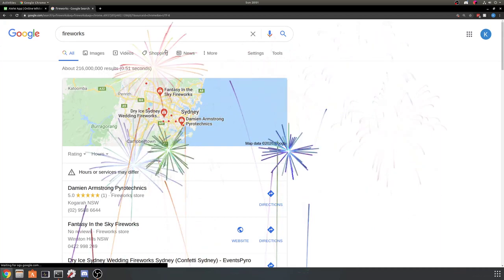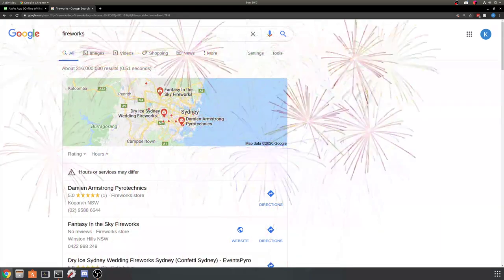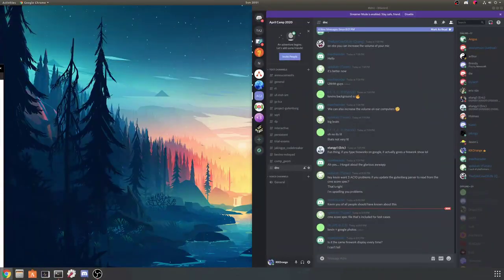It isn't the same every time. I thought it was. Okay. Yeah, I work on Google Photos. I don't know anything else about Google. I can definitely look into whatever it is you're trying to get me to look into with respect to the Gutenberg parser.